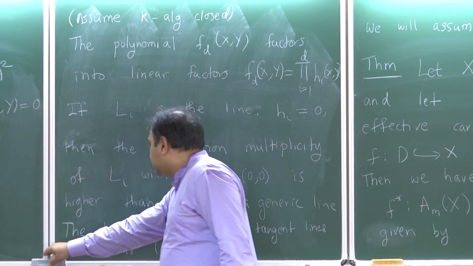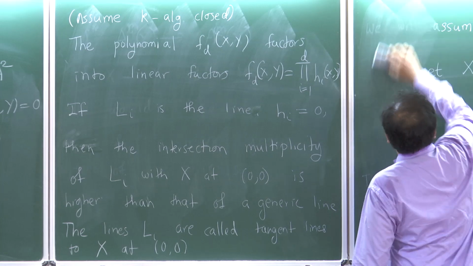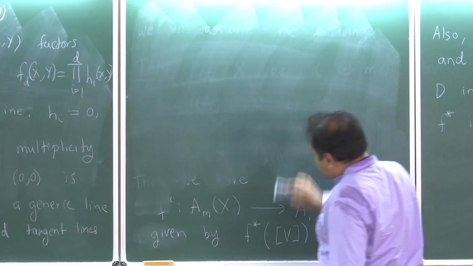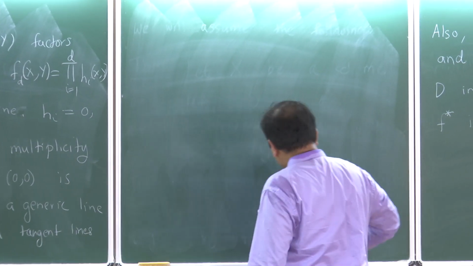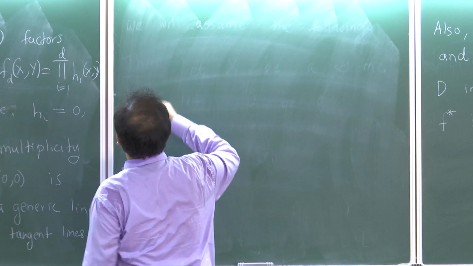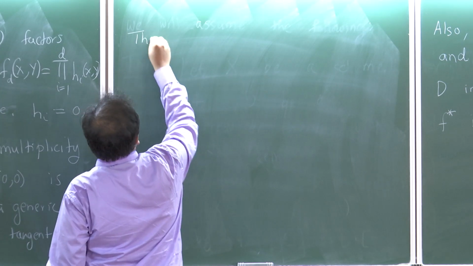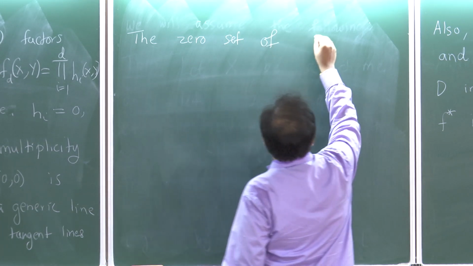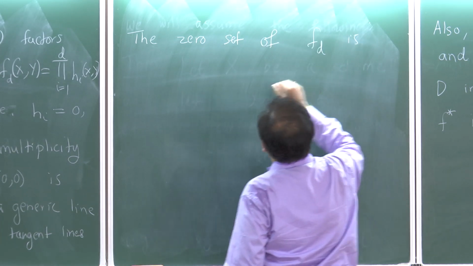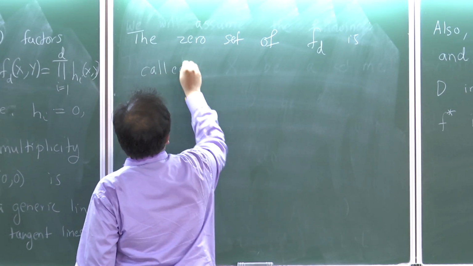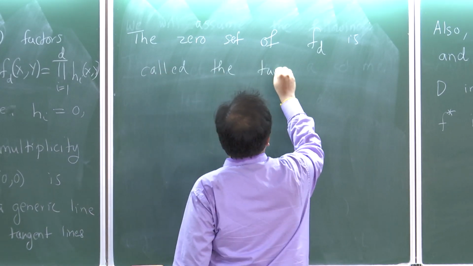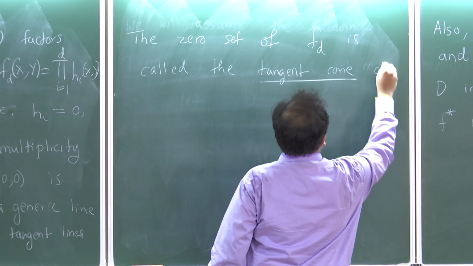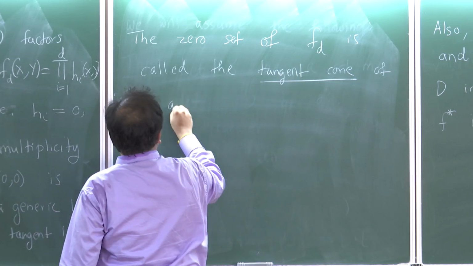And the zero set of this product, this polynomial fd, the zero set of fd, is called the tangent cone of x at the origin.